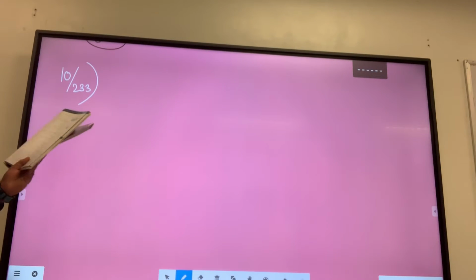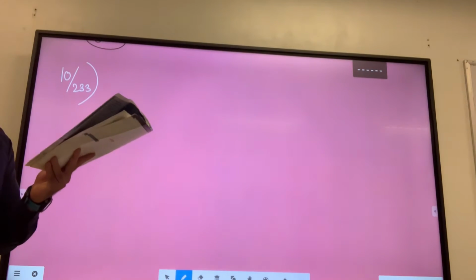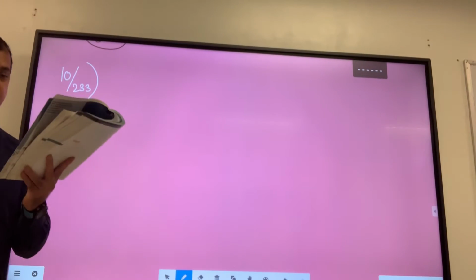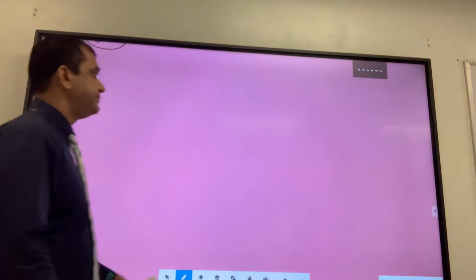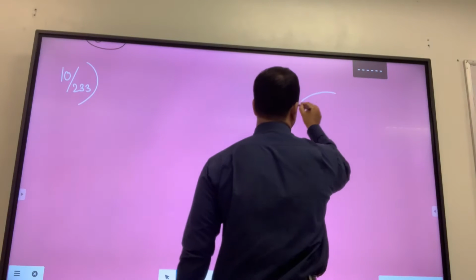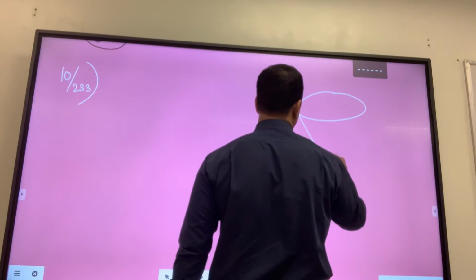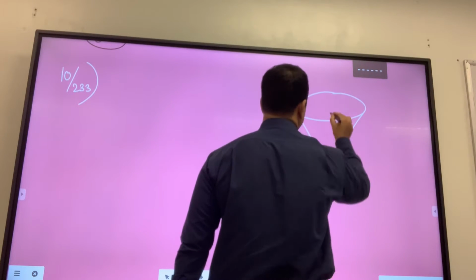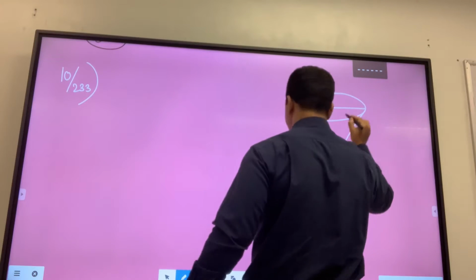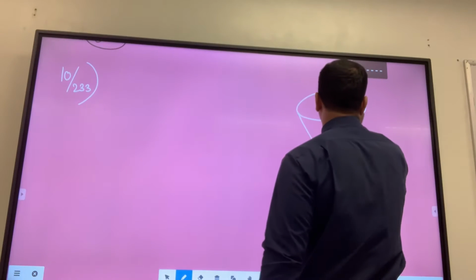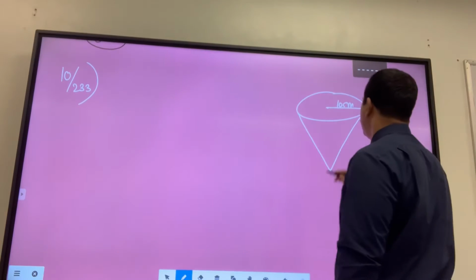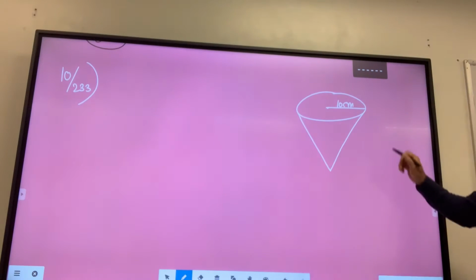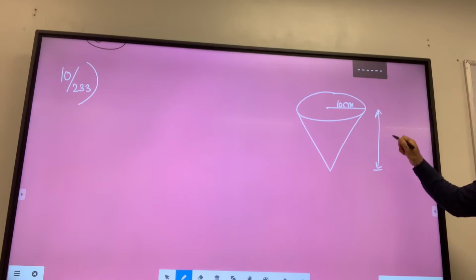We are given a cone of radius 10 centimeter and height 30 centimeter. So it is something like this. The radius of this cone is 10 centimeter and the height of this cone is from here till the vertex. This height is 30 centimeter.